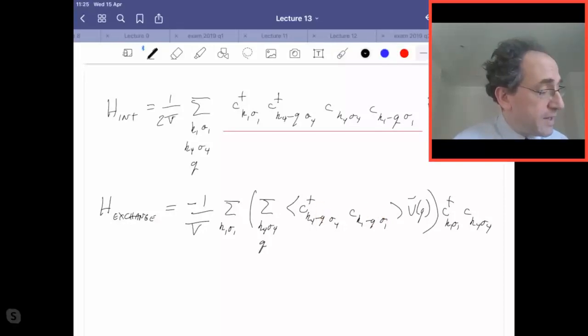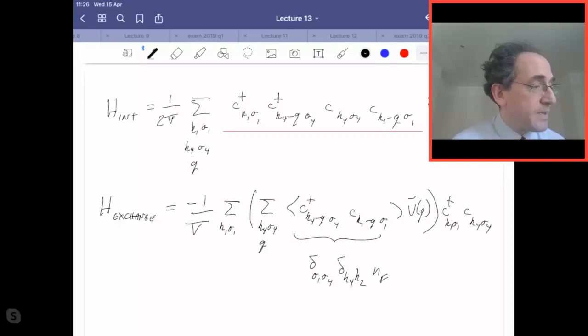So this term here is delta sigma 1 sigma 4, delta K4 K2, and it also should be a Fermi function of K4 minus Q. If you try to destroy someone above the Fermi surface, well, you can't do it. You can only destroy things that are below the Fermi surface.